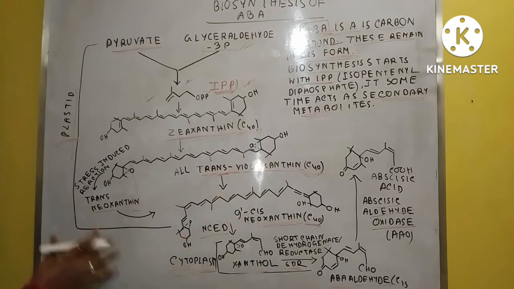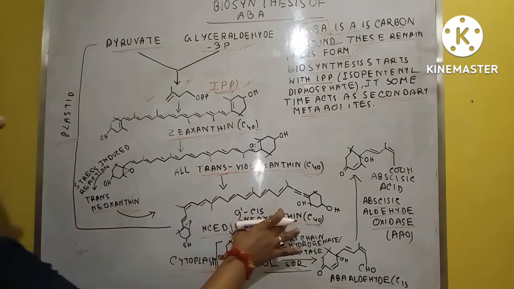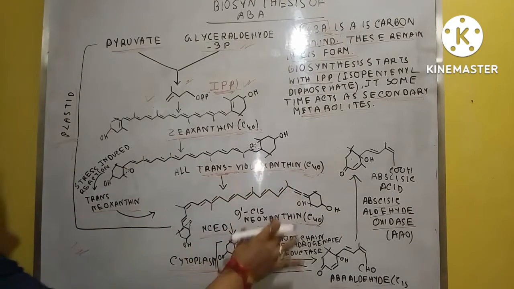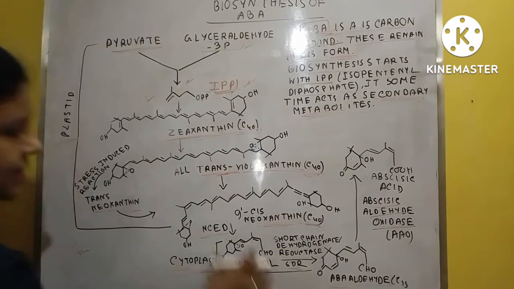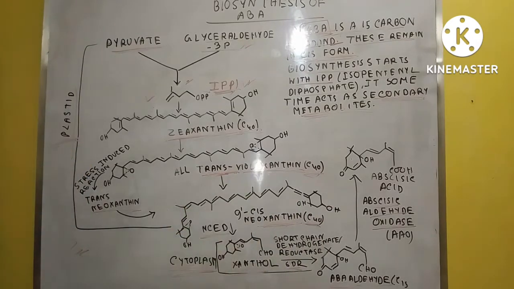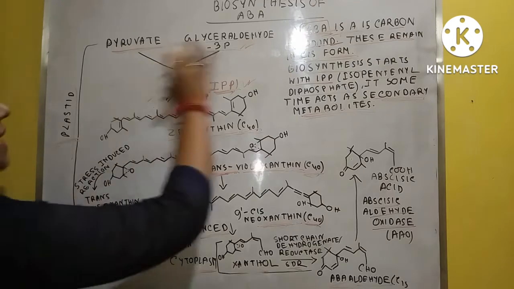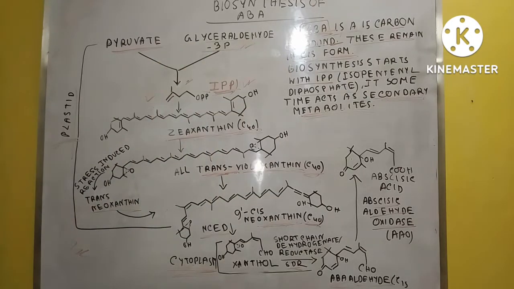That means here the trans-neoxanthin and the cis-neoxanthin are both formed, but cis-neoxanthin is very important for the formation of xanthoxal, and that enters into the cytoplasm. So this is the biosynthesis process of the abscisic acid.